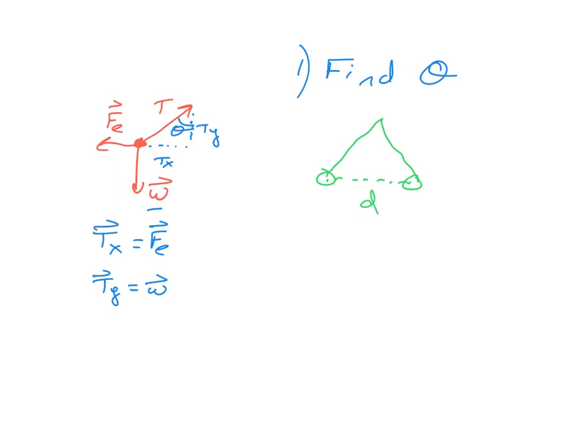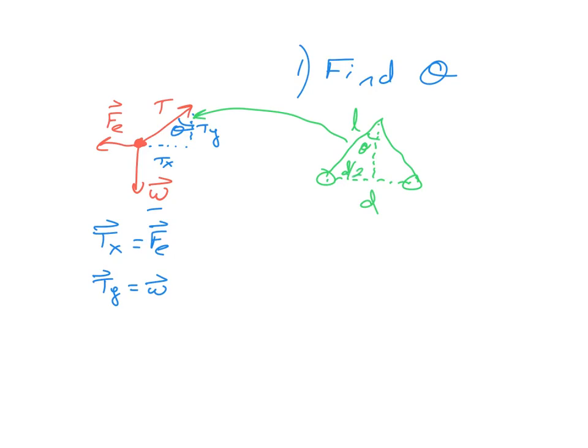And if I were to drop a vertical line there, this angle right here would be the same angle as this angle right here. This is, of course, the length of the string, so that would be the hypotenuse of the triangle. The distance is kind of the opposite, but really the opposite of the angle is d over 2.